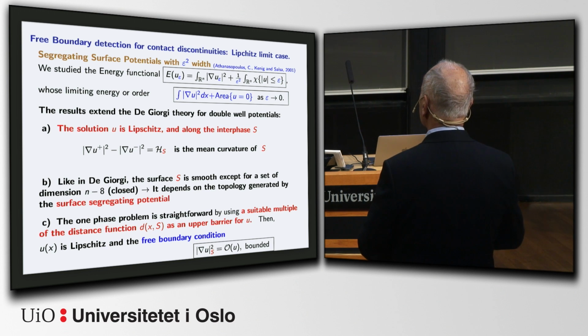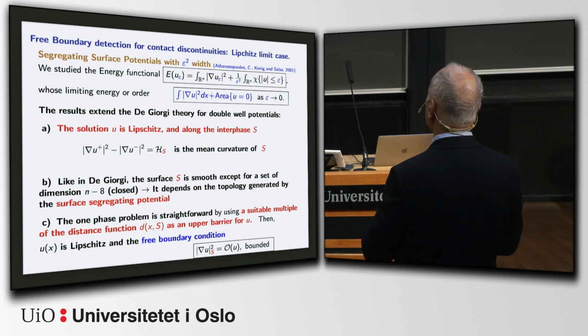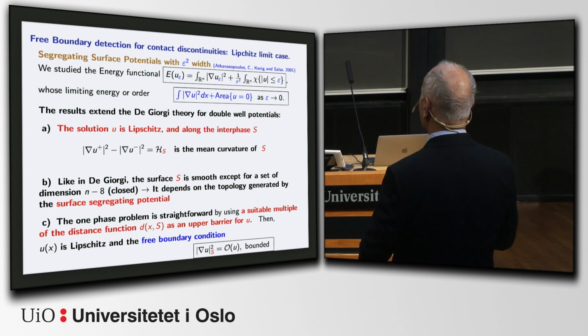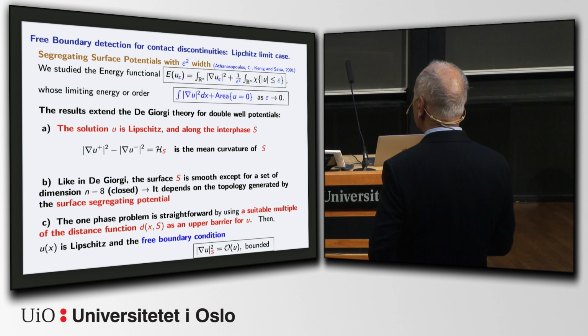And so the solution in that case has the gradient of u positive square minus the gradient of u negative square equal to h of a, which is the mean curvature of S. So it is a case where you have a bending on one side, a Lipschitz on one side, a Lipschitz on the other, right? But you don't say what happens when one gets together with the other. So this is a nice Lipschitz theory, right?